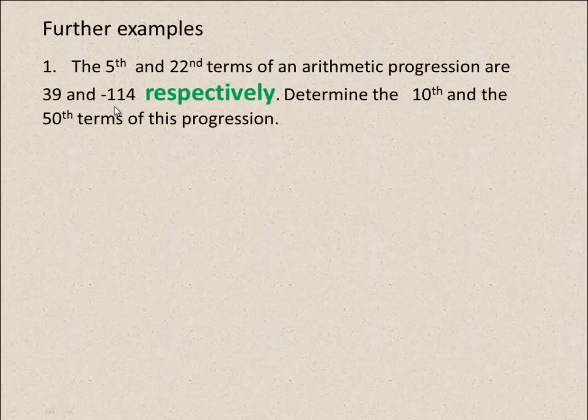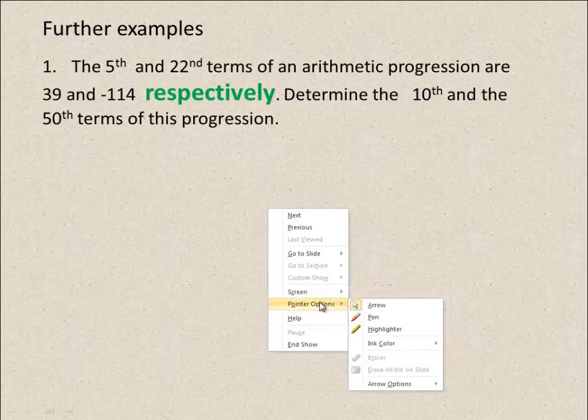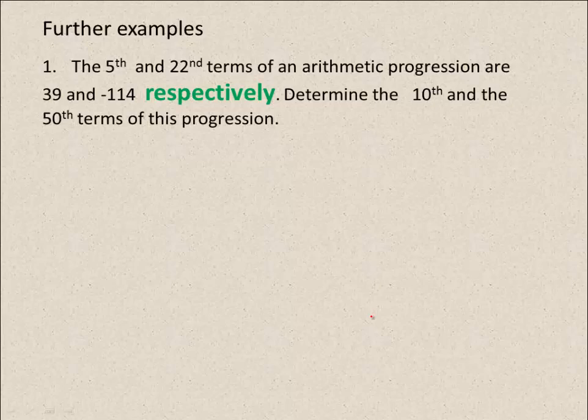The question goes further and says, now you go ahead, determine the 10th term and determine the 50th term. Now, whilst this may seem easy, you would notice that it's slightly different from the previous one because I am not given a sequence of numbers. But nonetheless, guys, let's go ahead and do it.